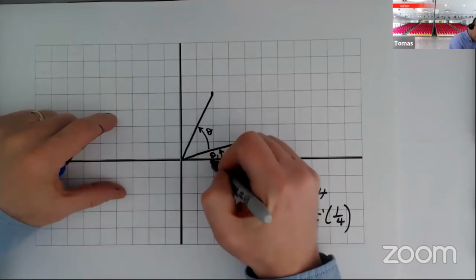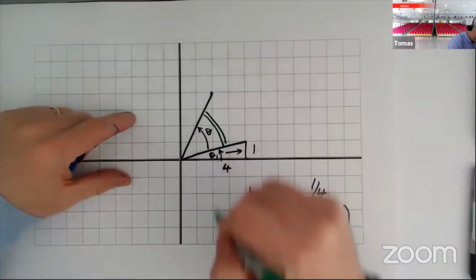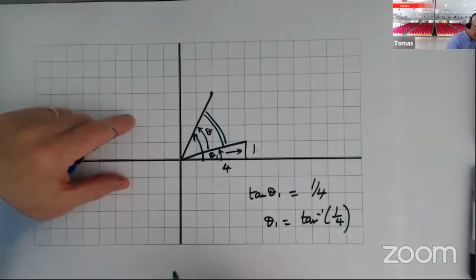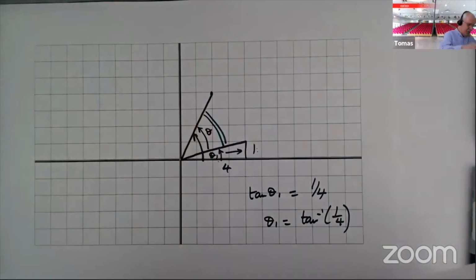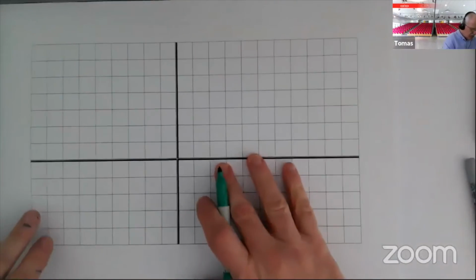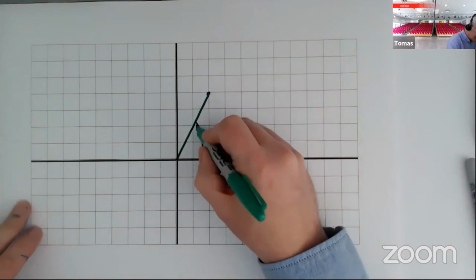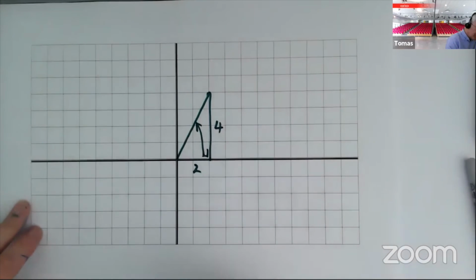What about this one here? Well, I can't find the angle in the middle very easily, but I can certainly find this angle, because this angle is simply 2 out and 4 up. I can find that angle handy enough. It's a right angle triangle.